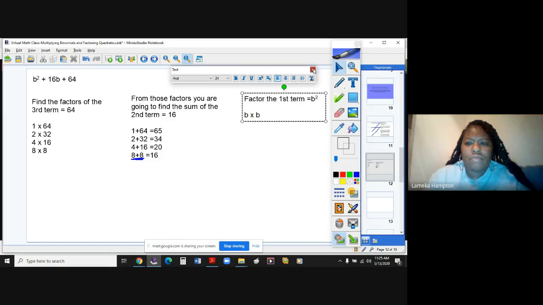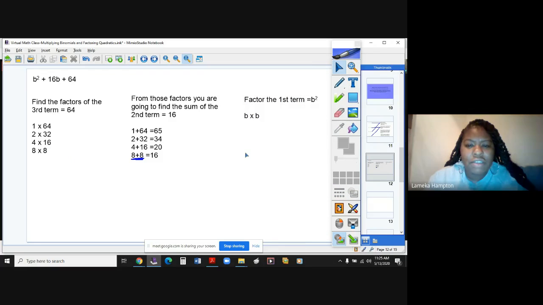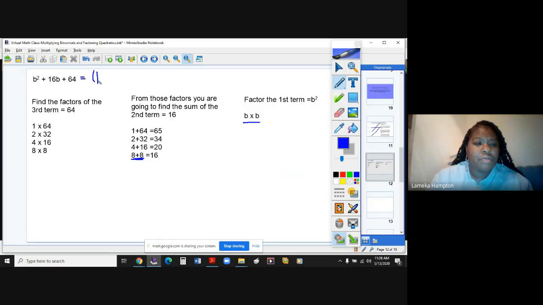So what that means is I am going to be using both b's in my binomial. I'm going to be using b and b, and I'm going to be using 8 and 8. So my final answer in all of this is going to be simple: b plus 8, multiplied by b plus 8.